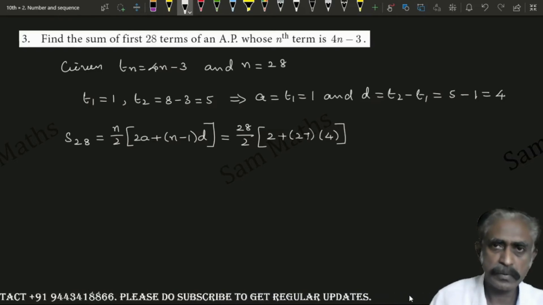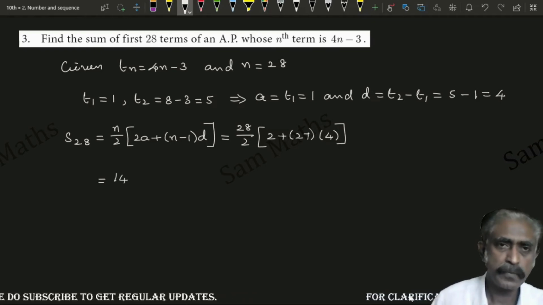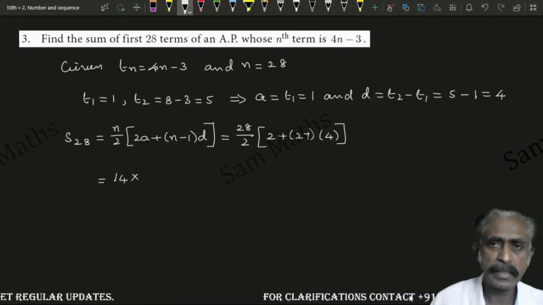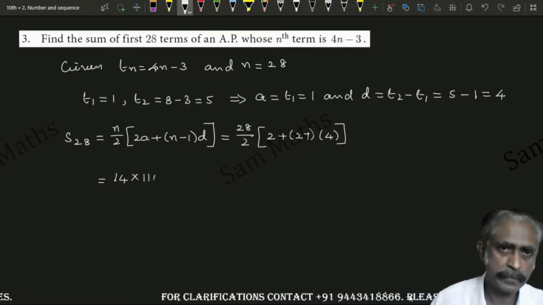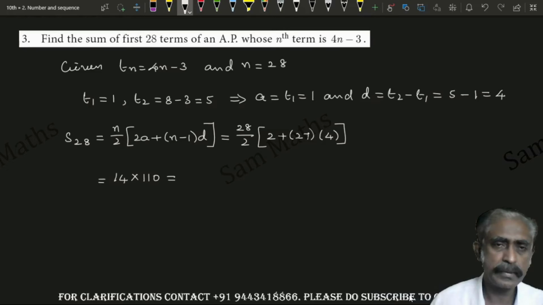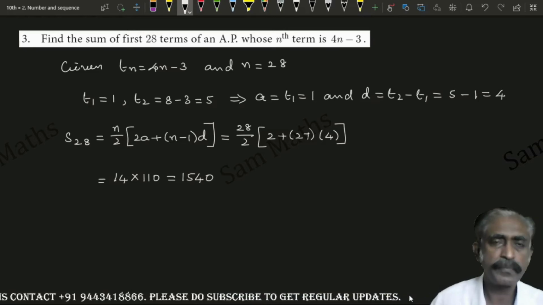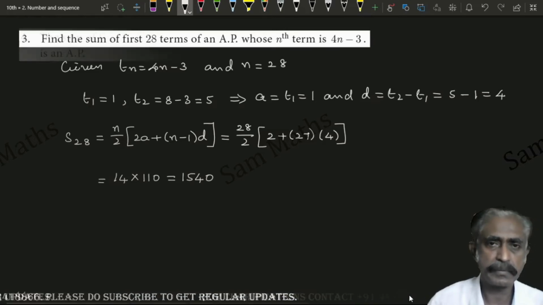This is equal to 28 by 2 is 14, 14 into (27 fours are 108 plus 2, that is 110), equal to 14 into 110, that is 1400 plus 140 is 1540. This is the required sum of 28 terms.